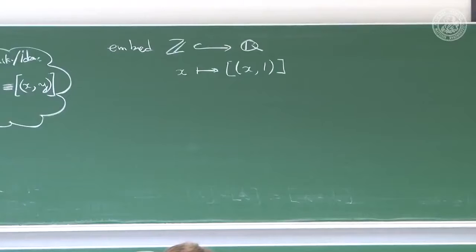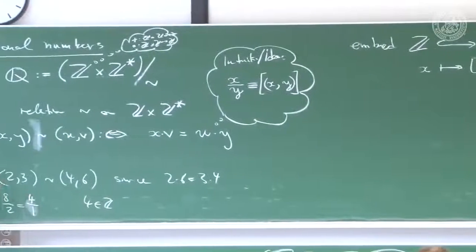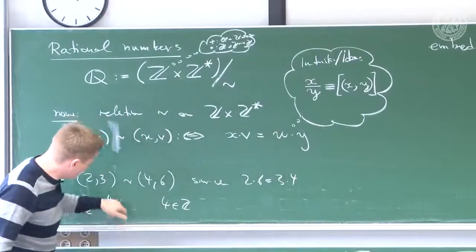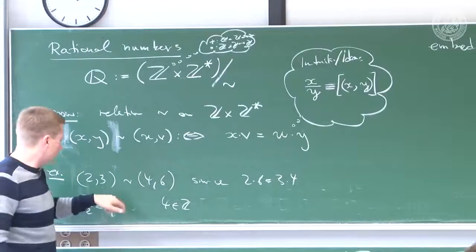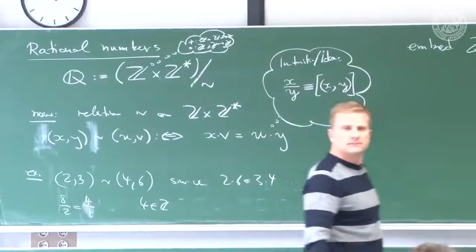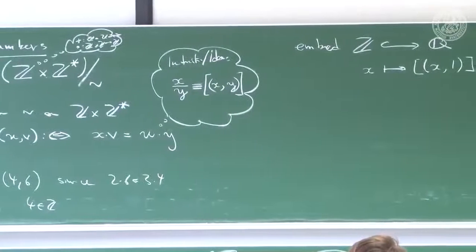So you do not know that 4 over 1 is the integer 4. 4 over 1 is 4 over 1. And then we have this idea: whenever we manage to get a 1 down here, then we identify it with this integer, and that's this embedding here. It's very much like with the minus signs before.